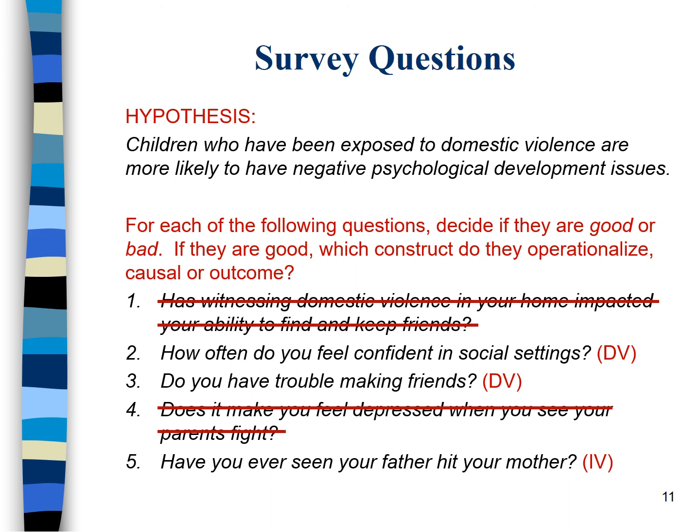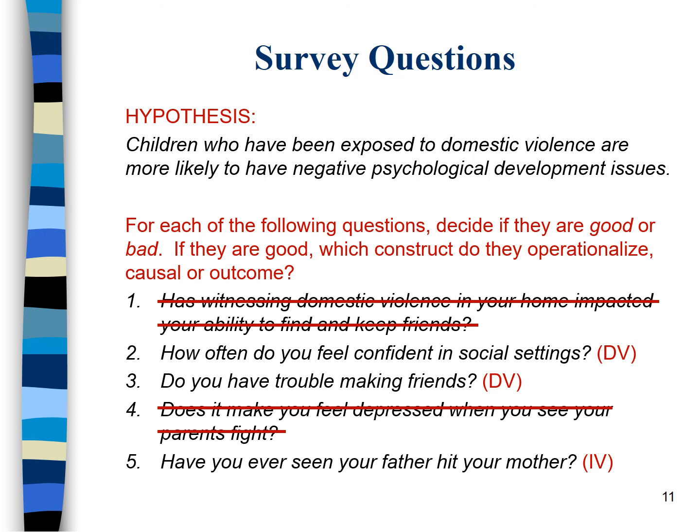Same idea with number 3. Do you have trouble making friends? Right? So we could argue that this idea of trouble making friends may also be an indicator. Remember, that's what the operationalization is, an indicator of the level of psychological development. Do you have trouble making friends?